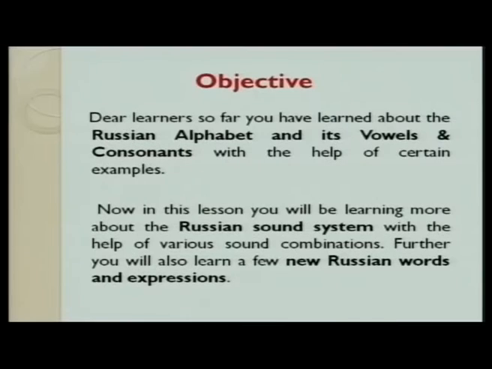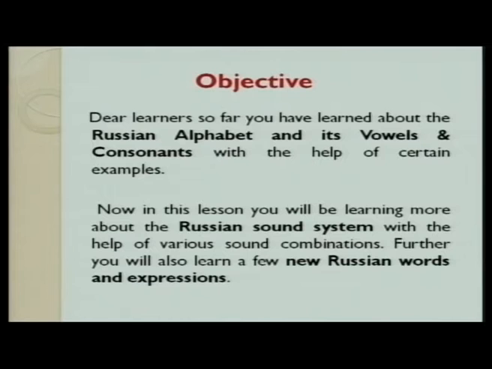Hello and welcome back. Dear learners, so far we have learned about the Russian alphabet and its vowels and consonants. With the help of a few examples, we have elaborated the fundamentals of the Russian vowels and consonants in the previous lesson.